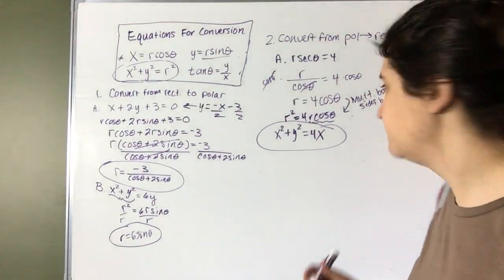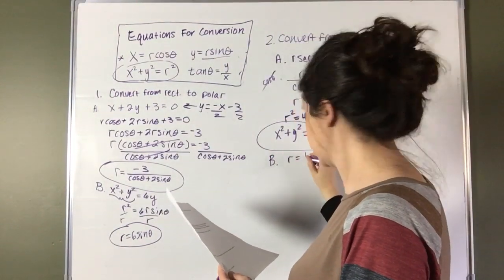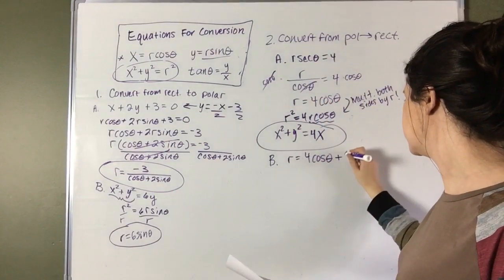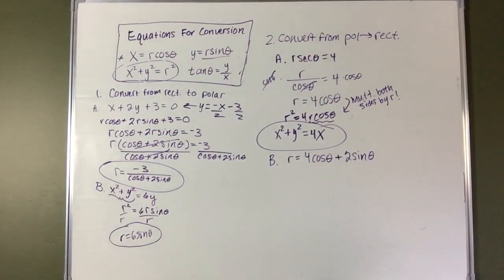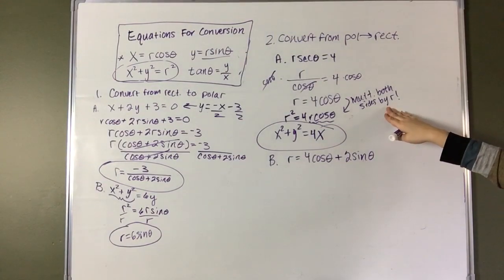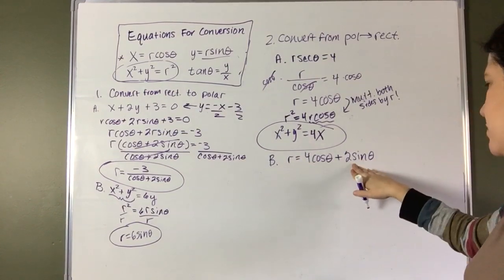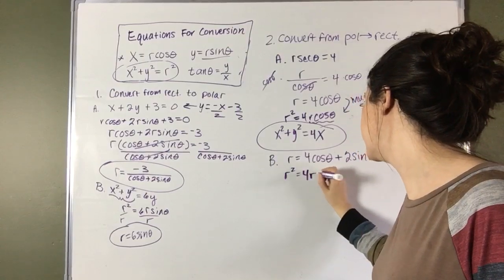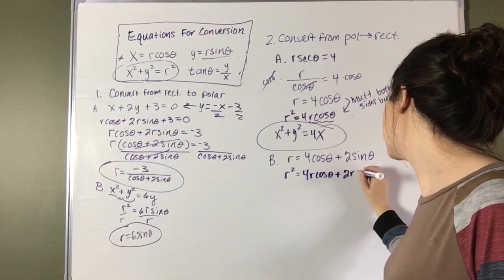All right, one more. So r equals 4 cos theta plus 2 sine theta. We're going to use the same technique we used back here where we multiply both sides by r. So that means every single term gets multiplied by r. That gives us r squared equals 4r cos theta plus 2r sine theta.